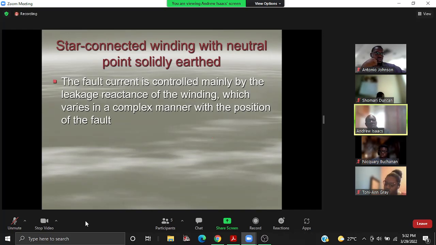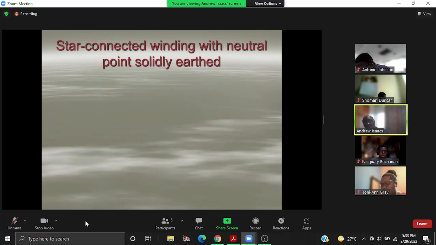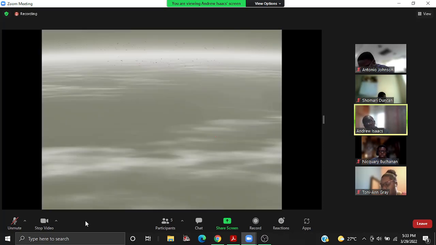The second point we had made is that the leakage reactance determines the fault current. And this now is quite different from the figure I just showed you. This is in relation to the primary current.